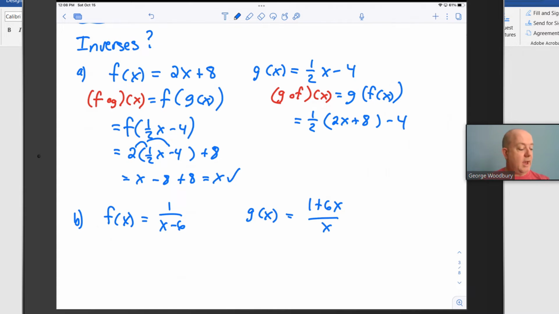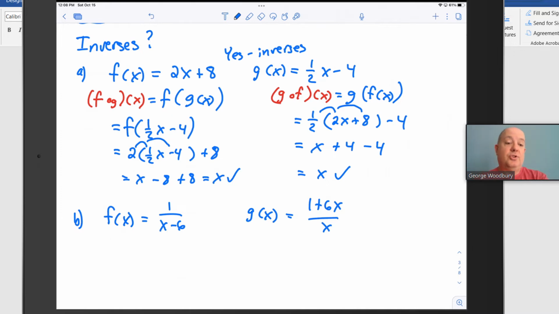Now I distribute the 1/2. 1/2 times 2x is x again. 1/2 times 8 is positive 4, and we have a minus 4 sitting there as well, and that simplifies to x. So these two are inverses.